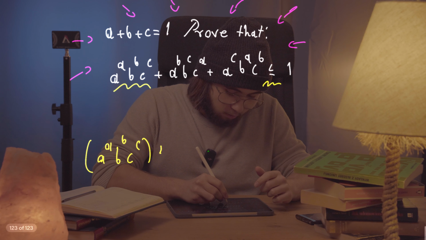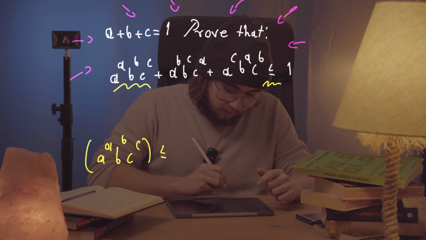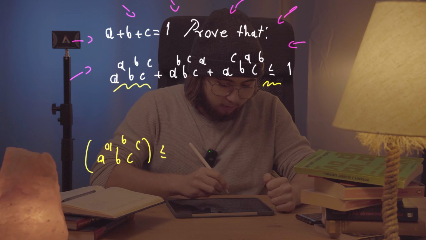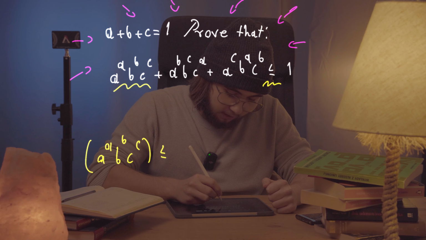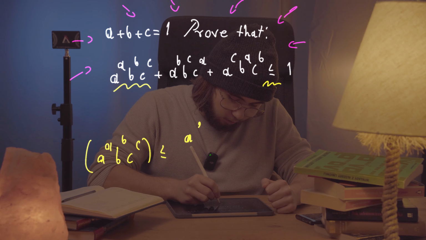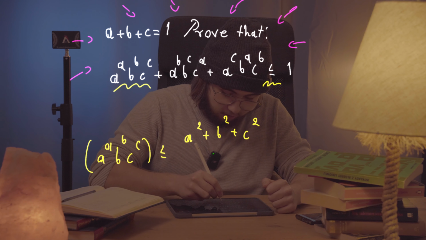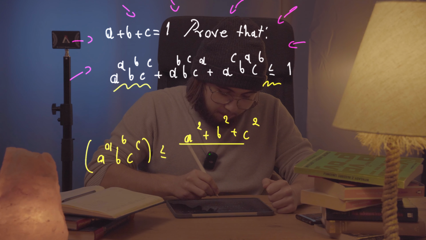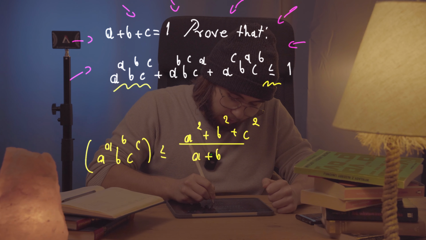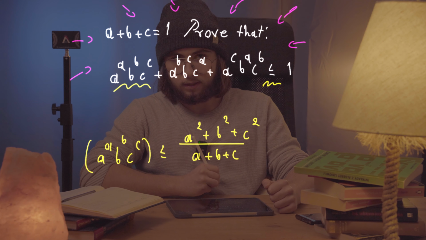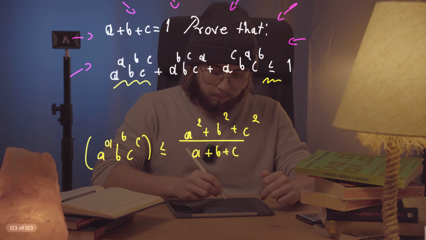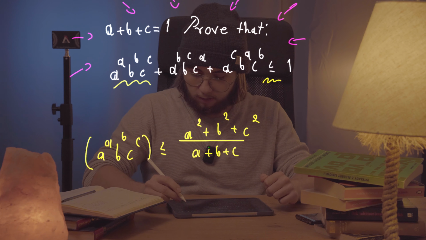That's going to be less than or equal to, and now we use the weighted AM-GM inequality, so a multiplied by its weight is just a times a, so a squared, then b by its weight is b squared, and c by its weight is c squared, all divided by a plus b plus c, which is the sum of the weights. So that was the first term in our sum.